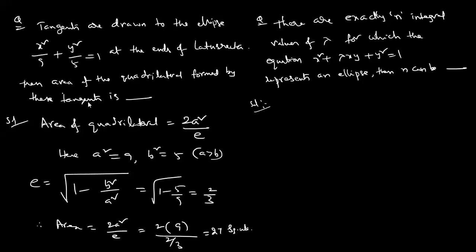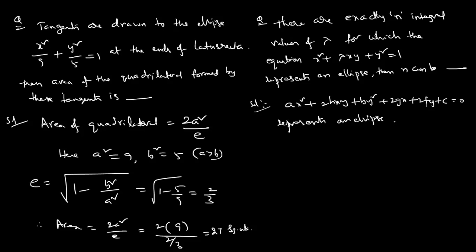What is the logic here? Represents an ellipse means what condition? I'm giving 1 second. See, dear students, a second degree equation ax² + 2hxy + by² represents an ellipse. What is the condition? h² is less than ab. So here, compare that equation. a is what? 1. b is what? 1. h is what, dear students? λ/2.